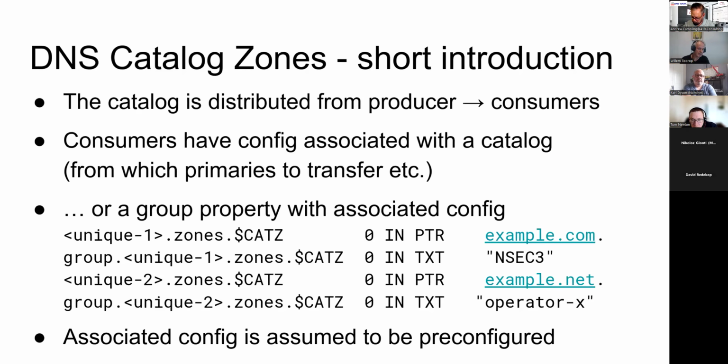It's part of the catalog zone itself and says this member zone belongs to this group, and then the consumer can be configured to have certain configuration associated with that group. But in the current RFC, in the current standard, all the configuration for the catalog consumers must be pre-configured. This is where the new draft that we want to introduce differs, but I'll come to that later too.